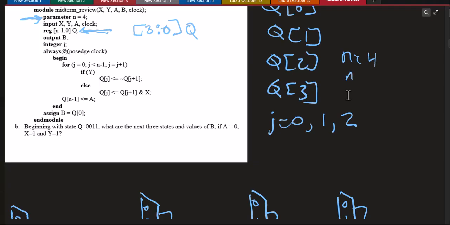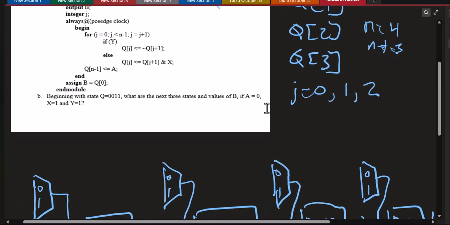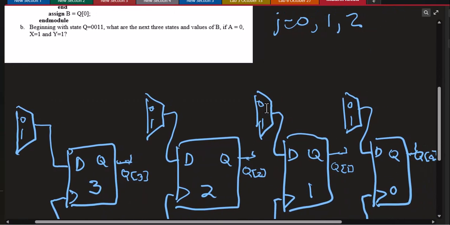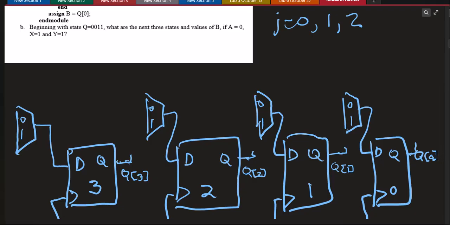N was 4, and n minus 1 is 3, and so I just have j equals 0, 1, and 2. So that actually tells me that I really don't need this multiplexer for my number 3 flip-flop, because the for loop only goes for 0, 1, and 2.